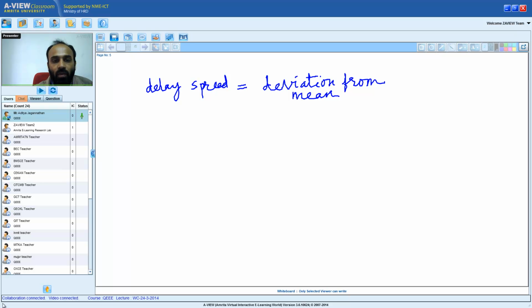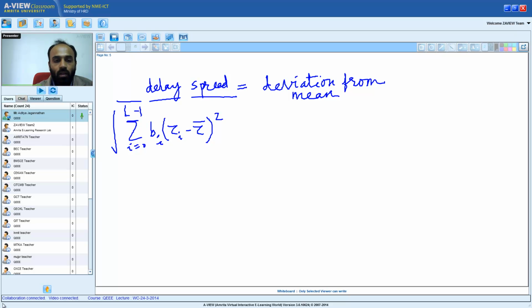Therefore, the deviation from the mean for each delay tau i is tau i minus tau bar, squared, times Bi, which is the fraction of power, summation i equal to 0 to L minus 1.